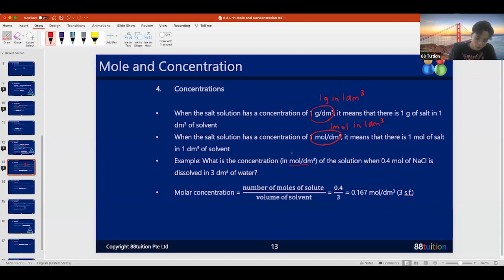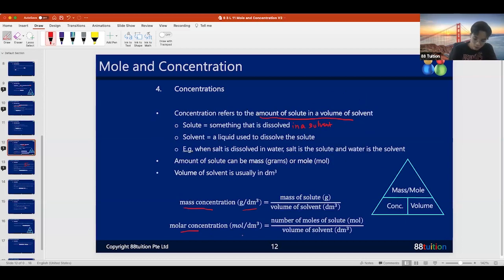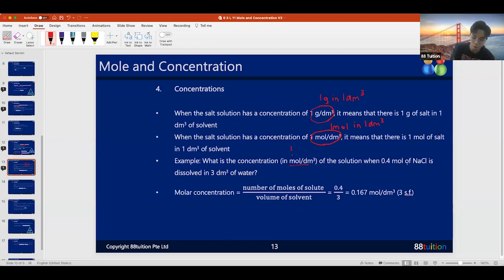Okay. So we have to take note of this. We look at the formula: molar concentration is calculated by dividing the number of moles of solute by the volume of solvent. Okay, so 0.4 moles is dissolved in 3 dm cubed of water.